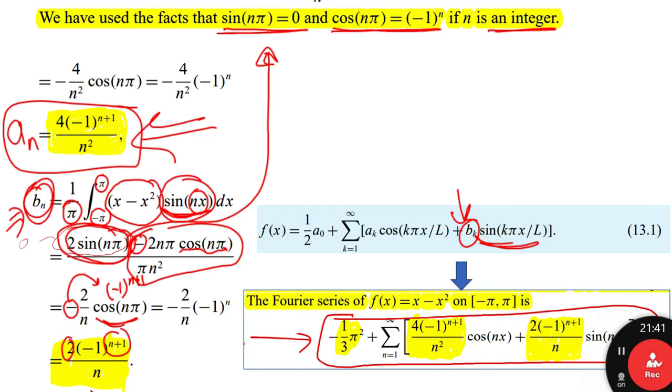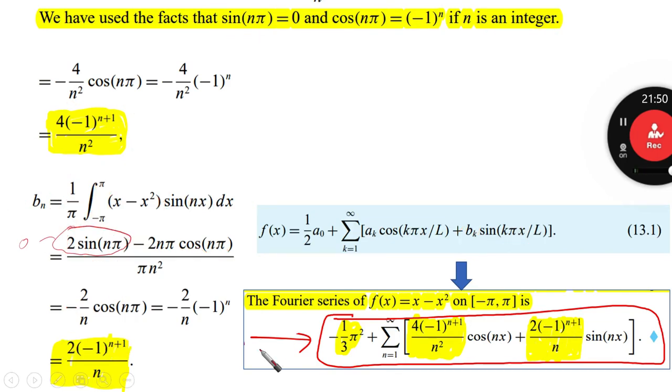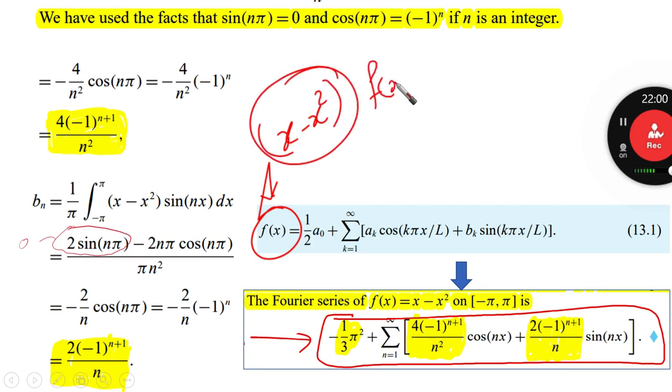Okay, now let's go to the final result, how we are going to see our function. Clear everything. Our function, as we said, is x minus x squared. This is our main function, f of x, right? It can be represented like this: half times a naught, which is the first term.